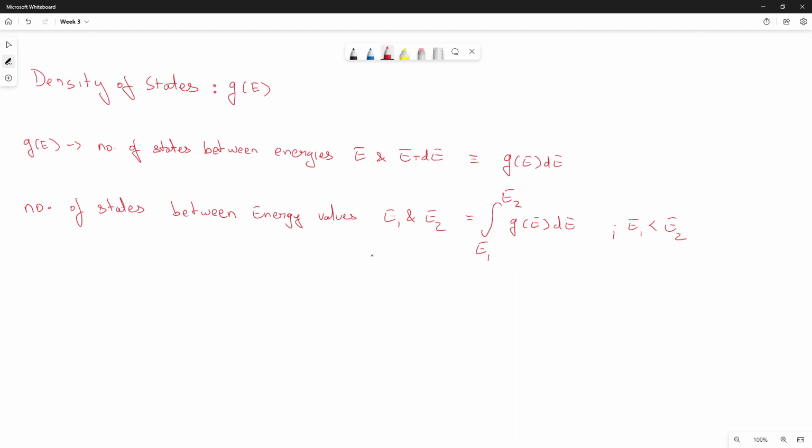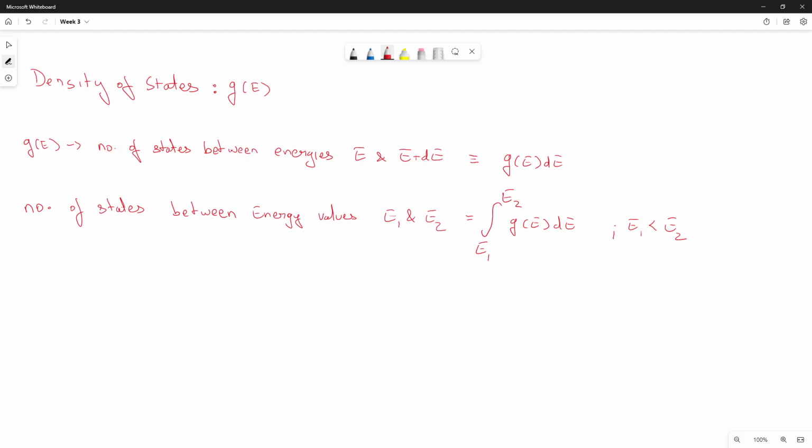And by direct definition, the density of states function g of E is a function of the energy of the particle. So this is the basic idea, the concept, and the definition.